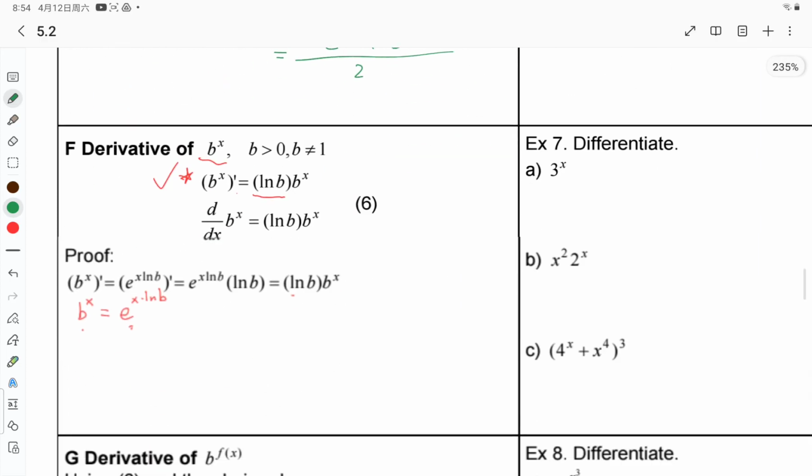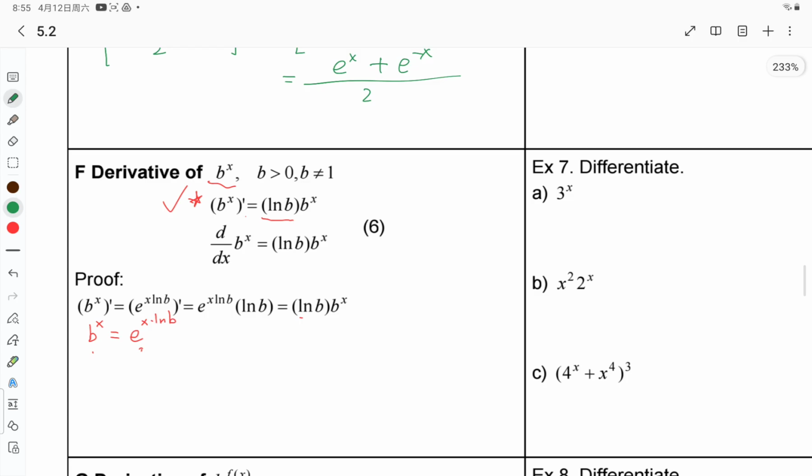So I think I'll just skip this. The last time we kind of just mentioned very quickly that the derivative of b to the x is b to the x times ln b, okay, ln b at the front.